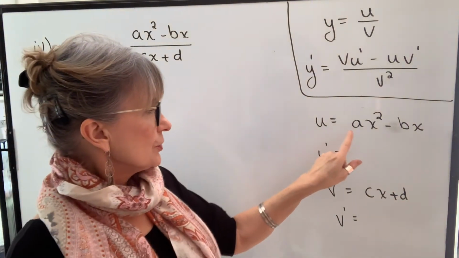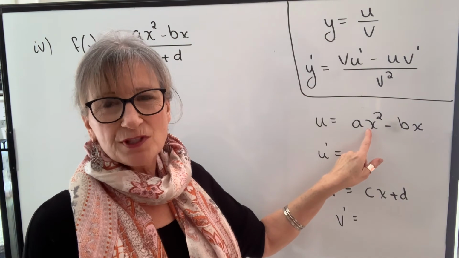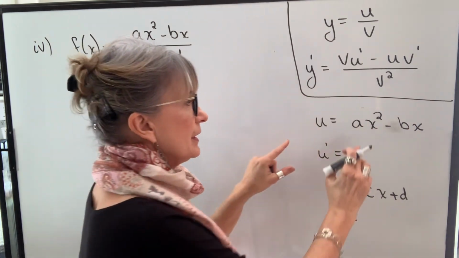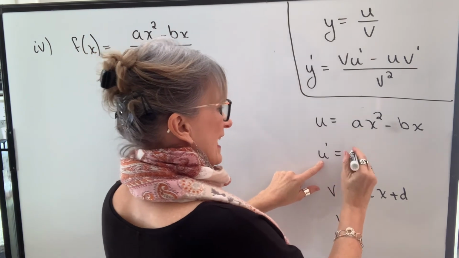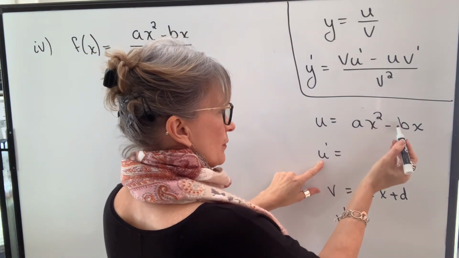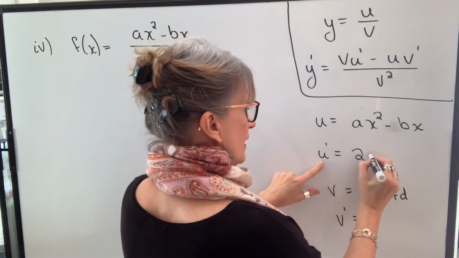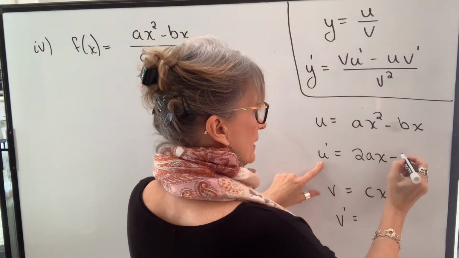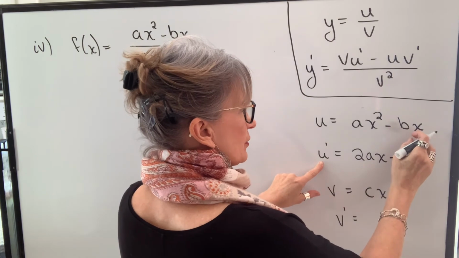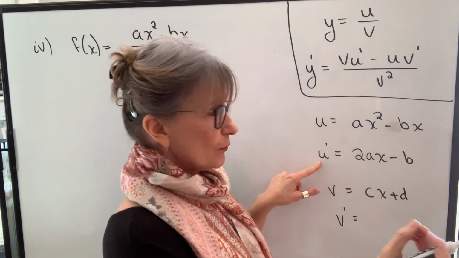And I differentiate each of these with respect to x. X is my variable, so I treat a as a constant. So the derivative will be a times the derivative of x squared, which is 2x. So 2ax is the derivative of this term, minus b times the derivative of x. Derivative of x is 1.